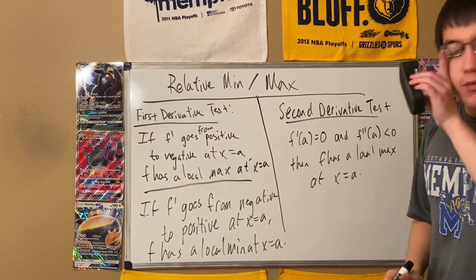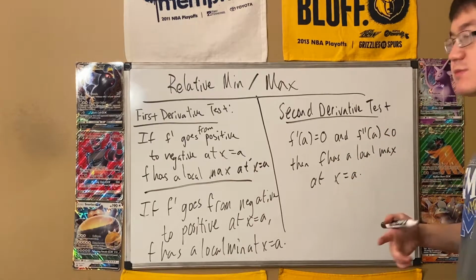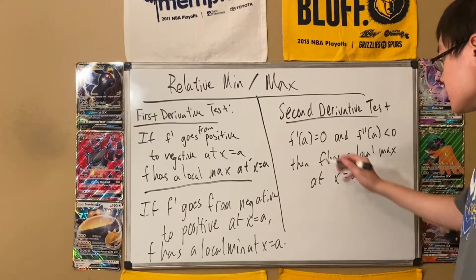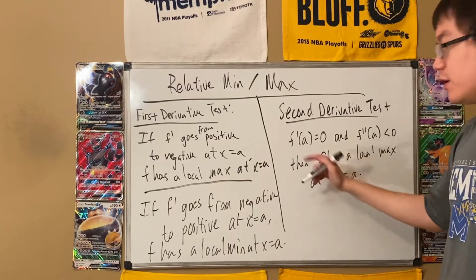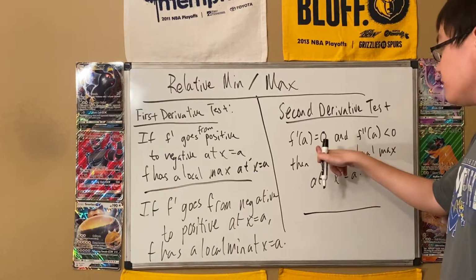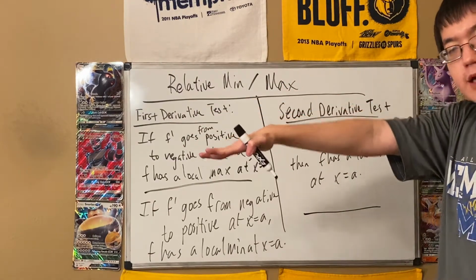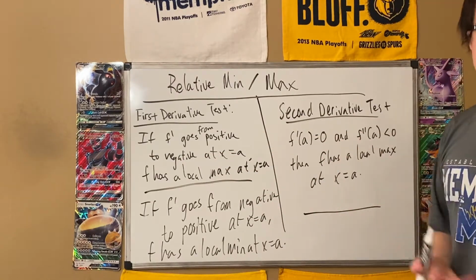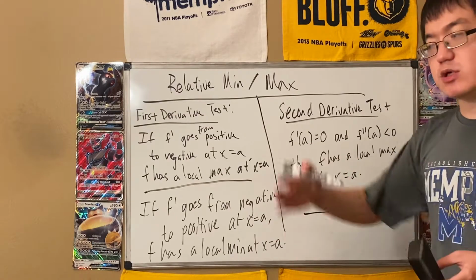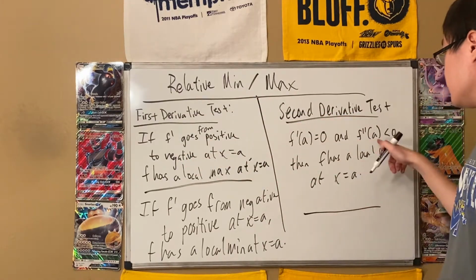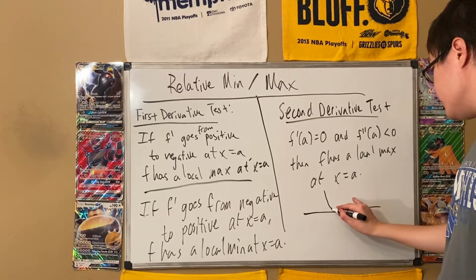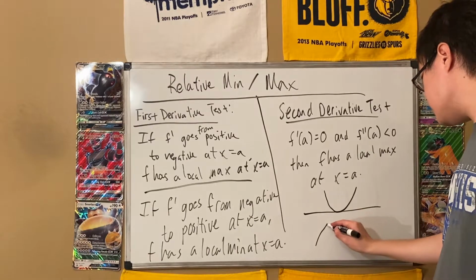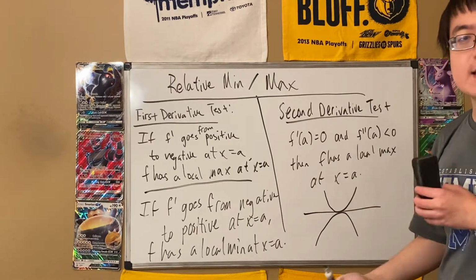So this is a little bit weird because negative is going with max, but let me try to explain it to you. So f prime of a is very important. So what f prime of a guarantees is that there's a horizontal tangent line because tangent lines have point and slope where the slope is the derivative. 0 means that the slope is going to be 0, so we have a horizontal line. And then what we're going to have is either this thing or this thing, depending on if the second derivative is positive or negative.